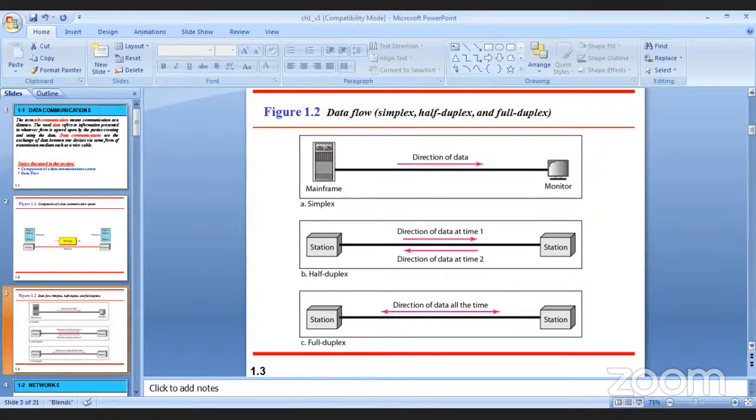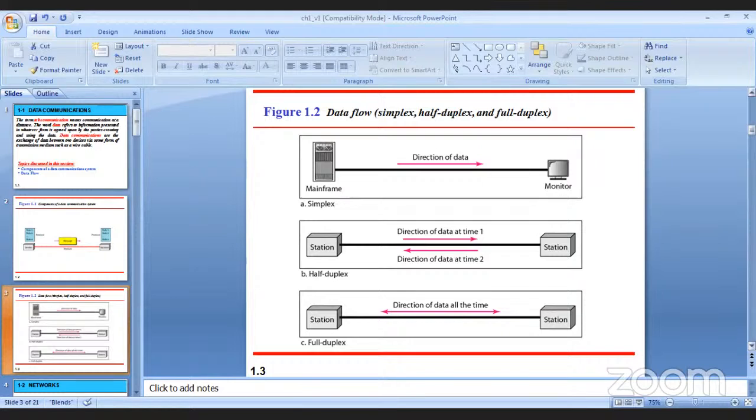So simplex is one direction, only sender to receiver. Reverse is not possible at all. Half duplex is both direction data flow, but one direction at a time.